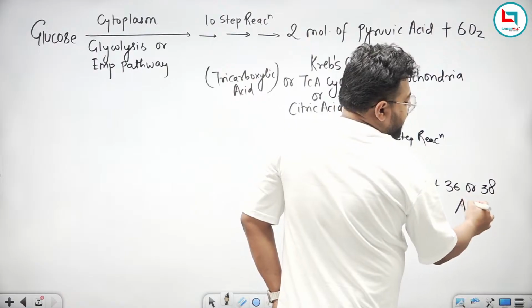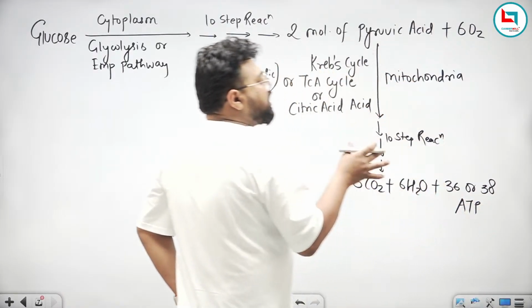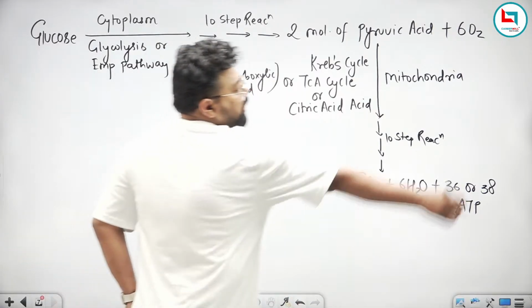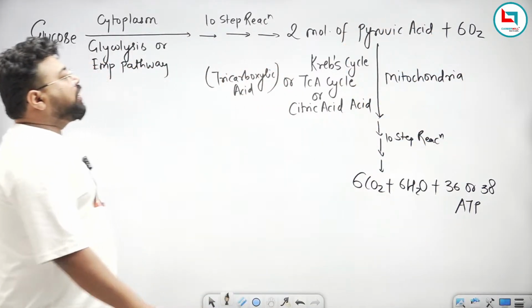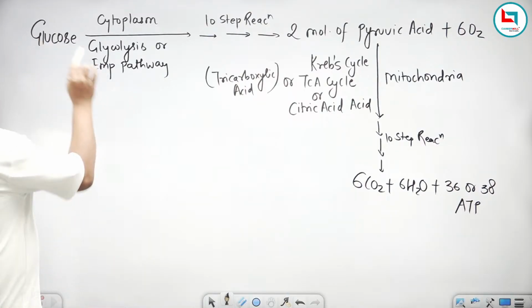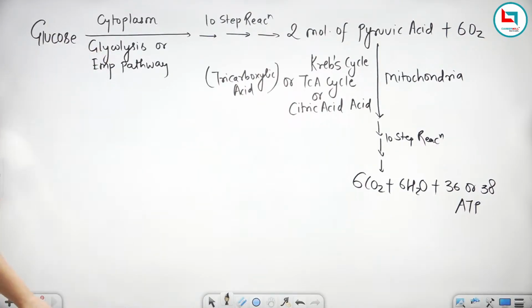This is the reaction which goes on inside each and every cell or organ of the body except RBC. Why? Because RBC do not contain mitochondria. That's why inside RBC only glycolysis reactions take place. Fine. So that is aerobic respiration.